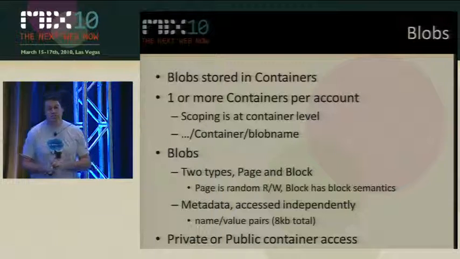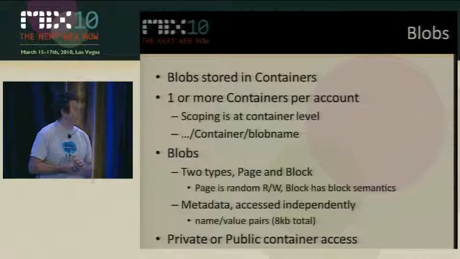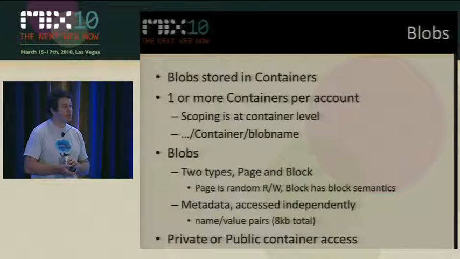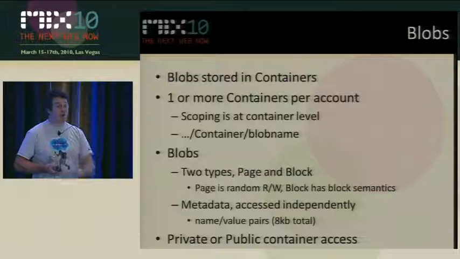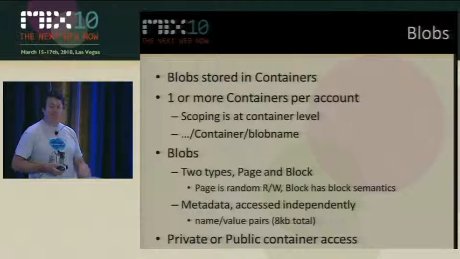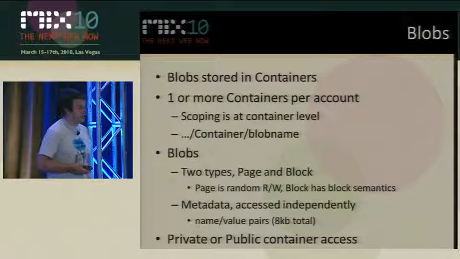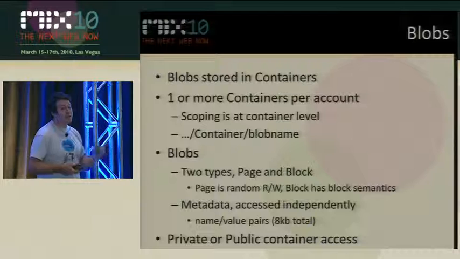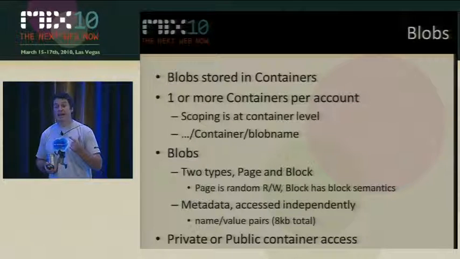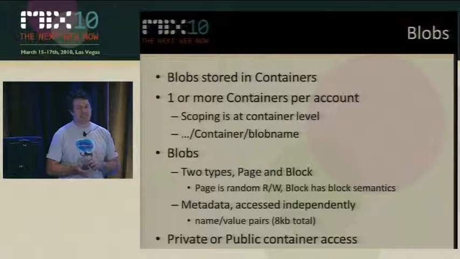We have 2 different types of blobs now. We have what are called block blobs and page blobs. Block blobs are really designed for situations where you need to stream the whole file back. Page blobs are designed for situations where you need random access to that blob. Each blob has a set of metadata, basically name value pairs up to 8K worth of data that you can access independently of the blob.